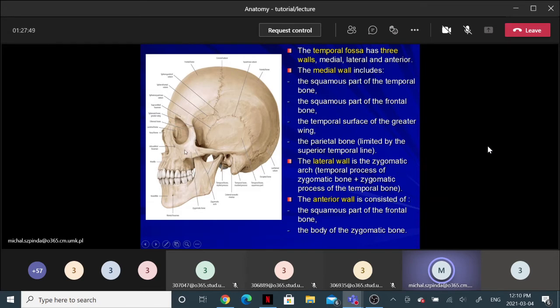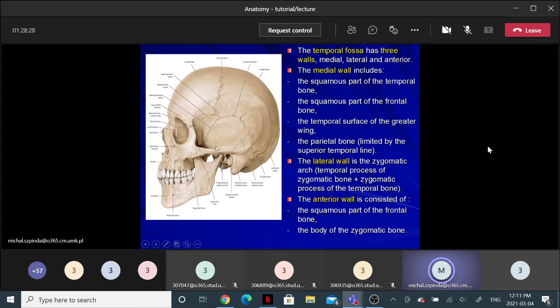One of them ends in front of the zygomatic body in its zygomatico-facial foramen, and the other ends deeply in the zygomatico-temporal foramen. Anyway, the temporal fossa communicates with the orbit through the zygomatico-temporal foramen.